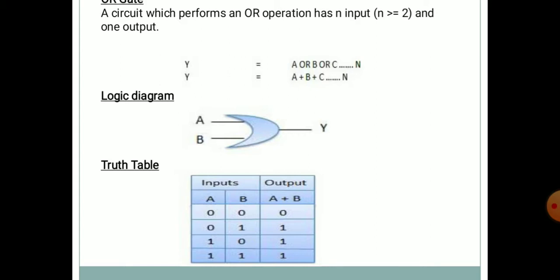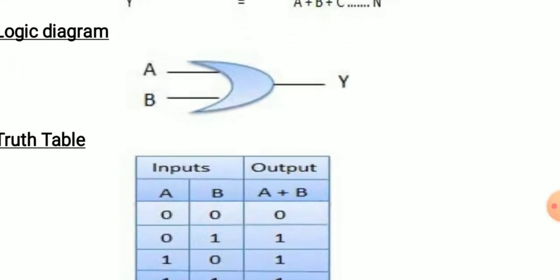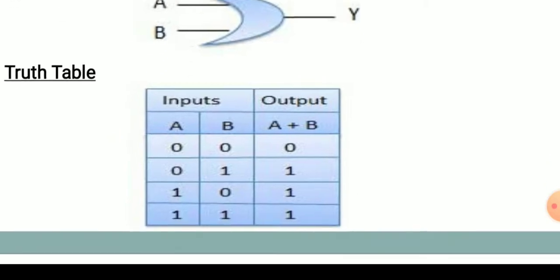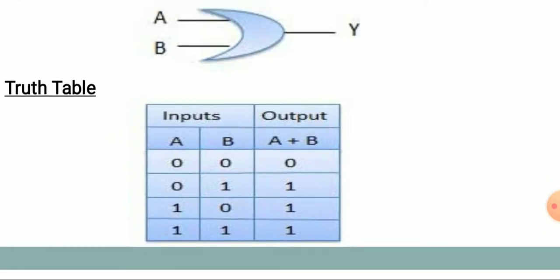And let's see the truth table. In the truth table, it is clear that as long as either of the inputs is 1, the output is 1. If either of the input values is 1, we get the output as 1.